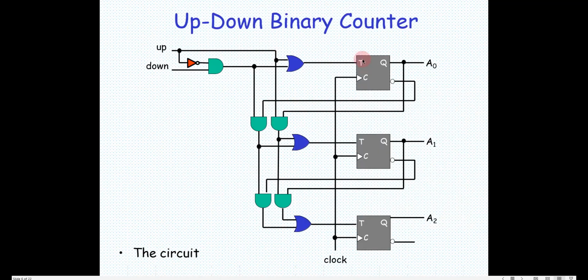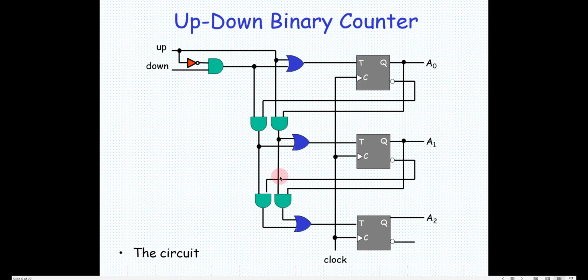So accordingly I can take either Q or Q bar, right? So now suppose I want an up counter, so I give up signal equal to 1, down signal equal to 0. So if I give down signal equal to 0, this AND gate will be disabled, it will be 0. So on the left hand side these two AND gates also will be disabled.